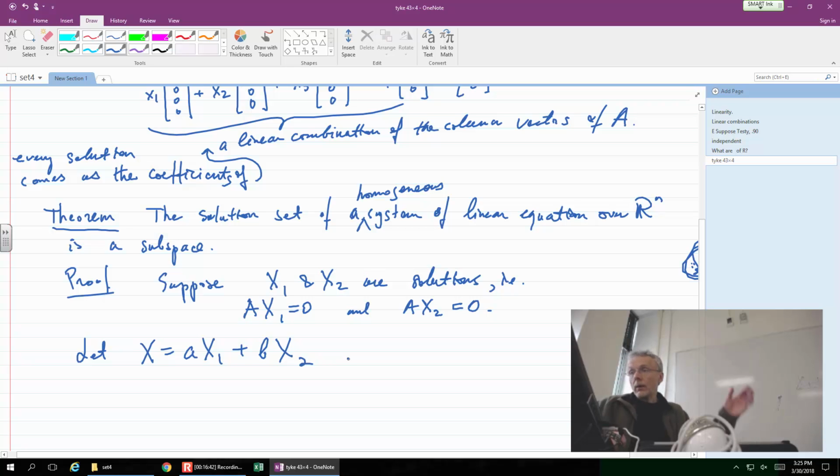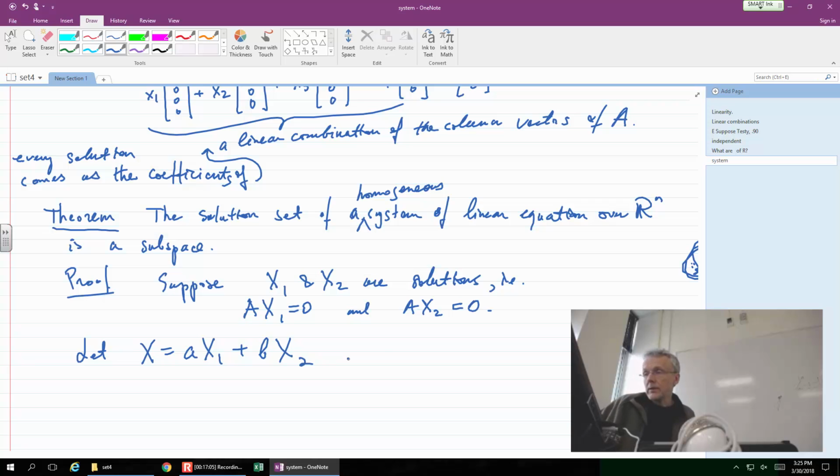Now, what I'm supposed to demonstrate, remember the definition of a subspace: it contains all of its linear combinations. So I took two elements in the solution set, formed a linear combination of those, and I want to demonstrate that this is also a solution.